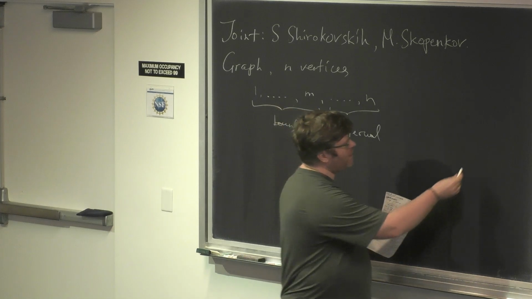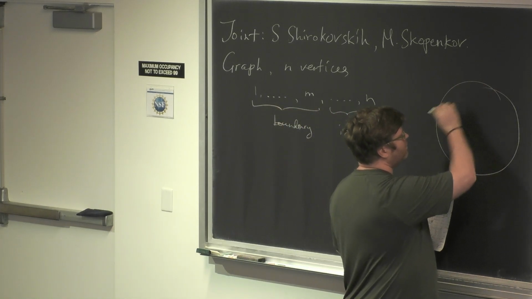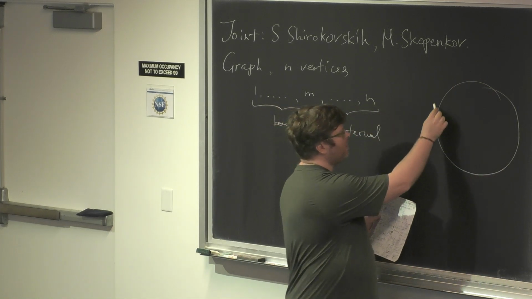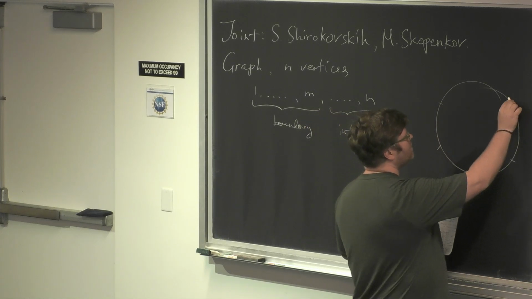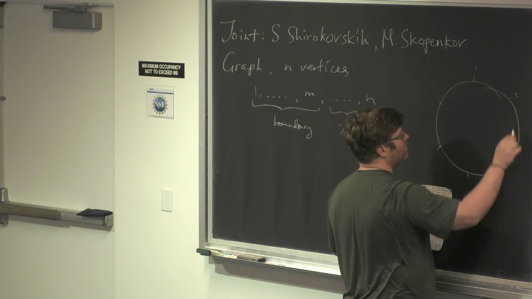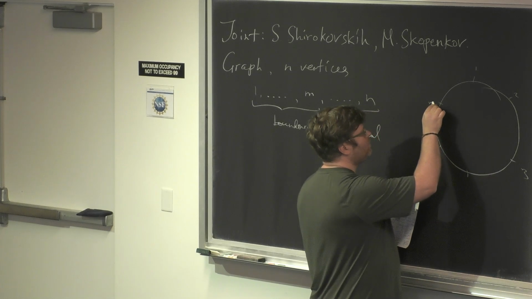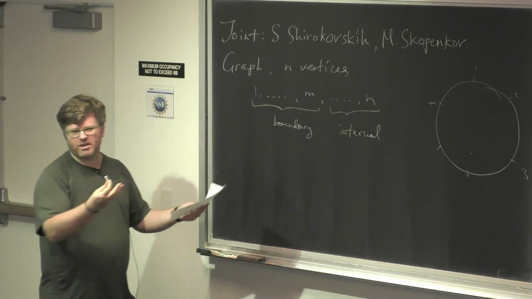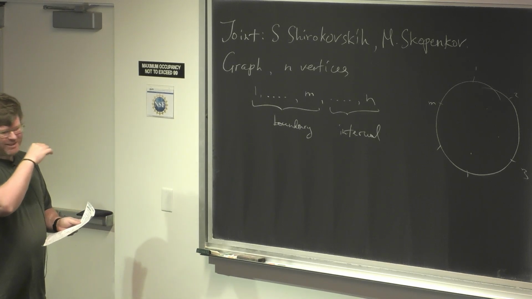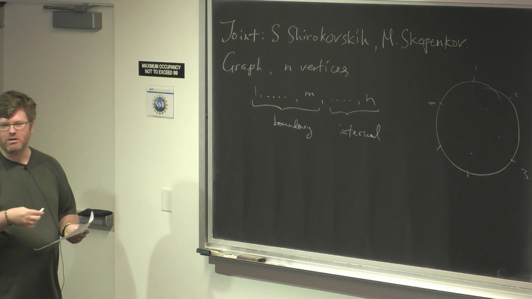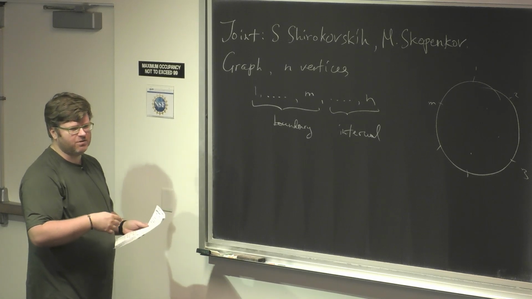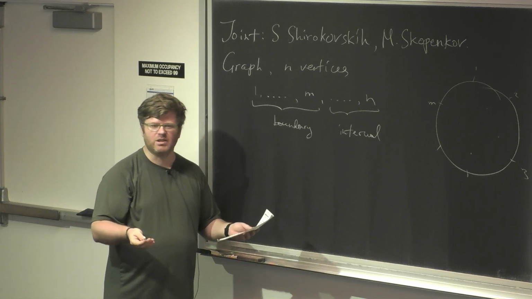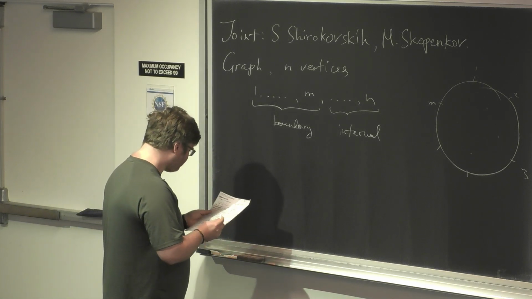A good way to visualize it is that you will have some kind of electrical network. It will have some boundary vertices on the boundary, and maybe some extra vertices inside, and there are edges connecting them. But it doesn't have to be this way. You make a vertex boundary or internal just by the force of your will. It doesn't have to be located in any way.